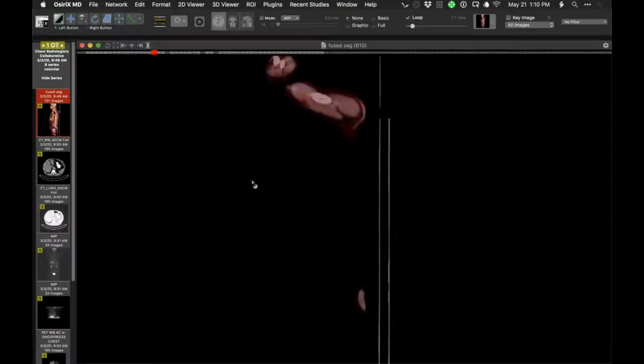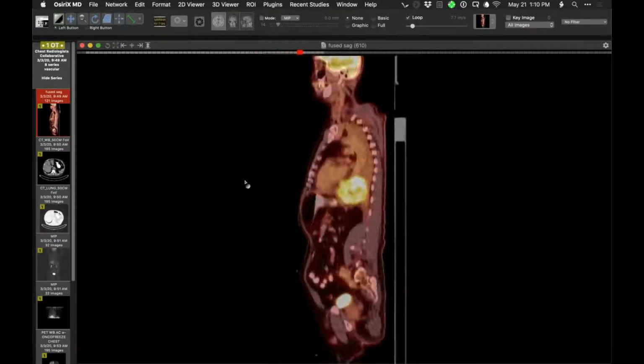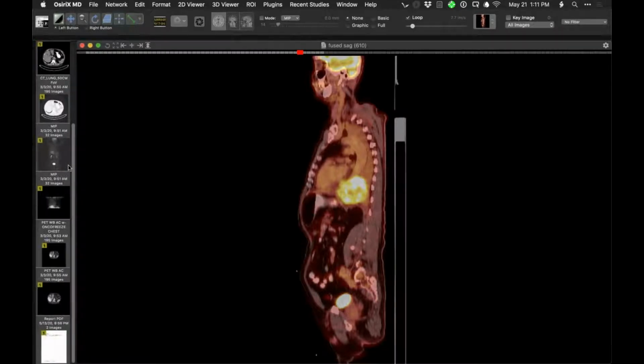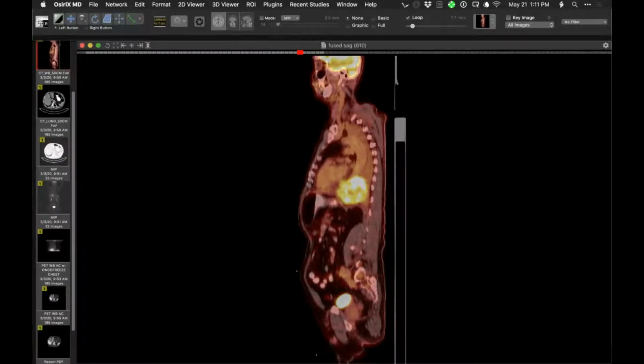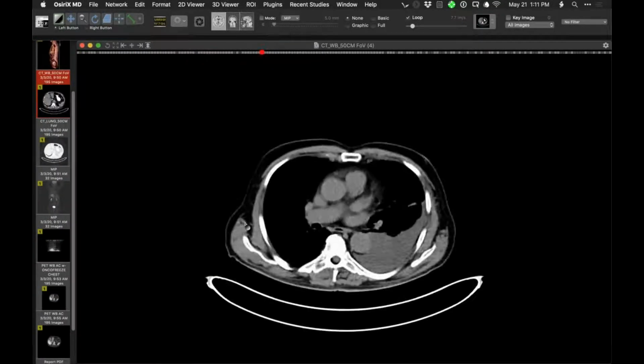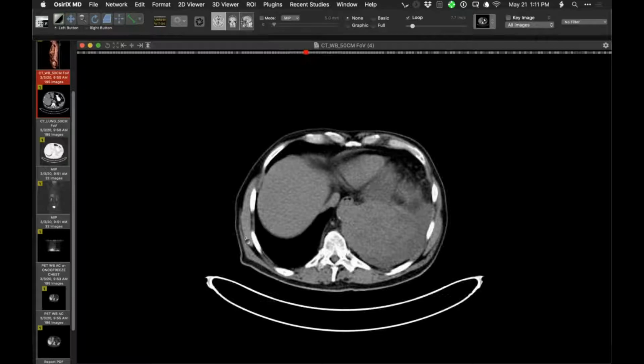When we look at the SAG fuse, just to give you an idea of its FDG avidity, a very aggressive looking lesion in that location. And ultimately it was biopsied successfully via a transesophageal approach.